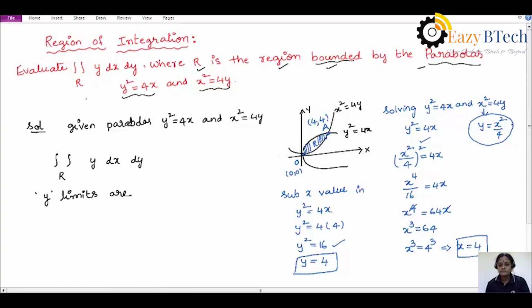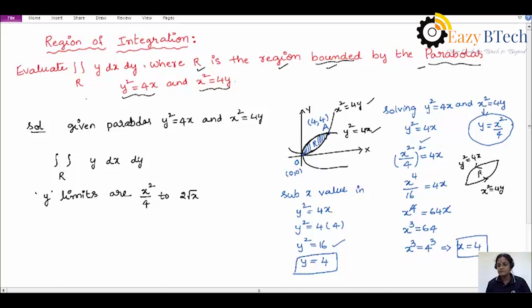Students, observe, this is the required region. In the required region, observe the two parabolas, x square is equal to 4y and y square is equal to 4x. So the y limits are x square by 4 to 2 root x. How do we get these? This is our required region; this parabola is x square is equal to 4y and this parabola is y square is equal to 4x.